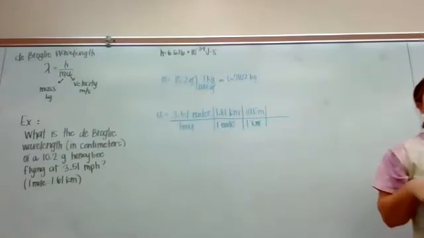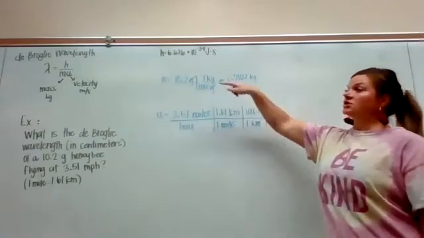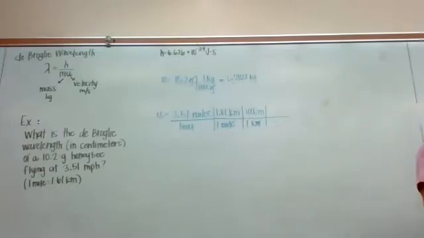And if you're still unsure about these metric conversions, what I would do is go through and write out what conversion factors you want to use every single time. Memorize them, use them the rest of the semester.